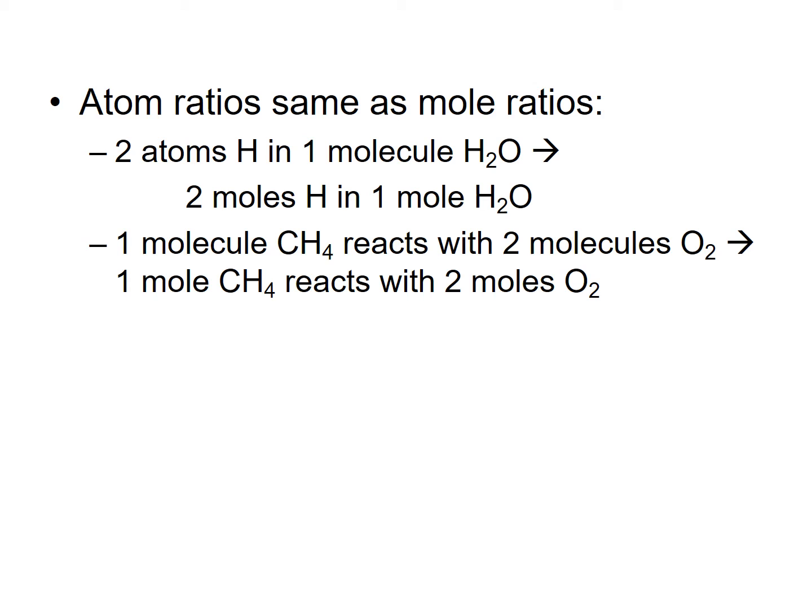So 1 molecule of CH4 reacts with 2 molecules of O2. That implies that 1 mole of CH4 reacts with 2 moles of O2. Again, because the mole is simply a way of counting atoms and molecules.